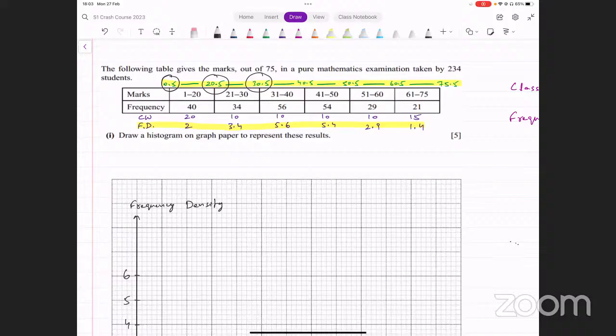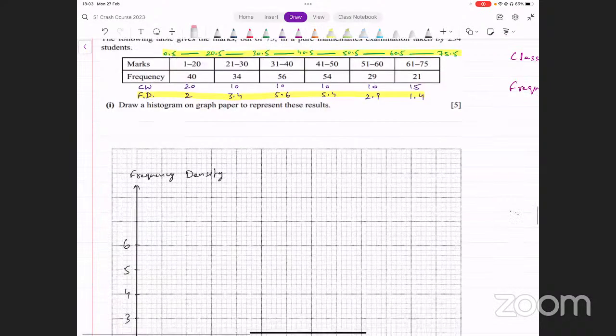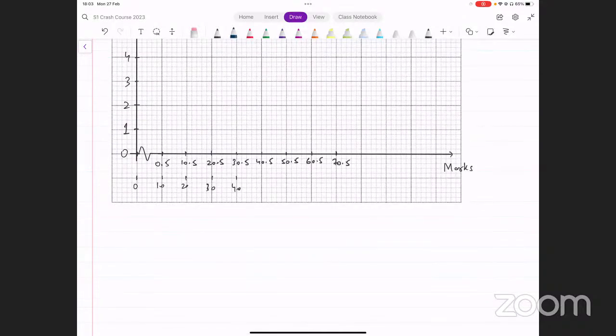And that will actually make it difficult for me to plot all of those values, because 0.5 will be half a box in that case, right? So you'll have to have half a box here like this, and that will make things very tedious.